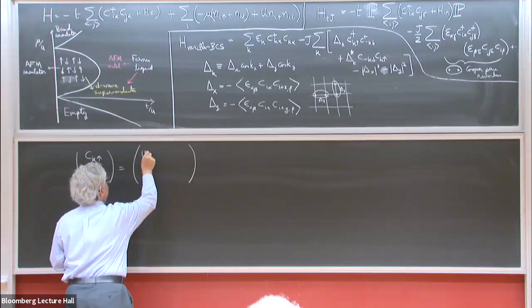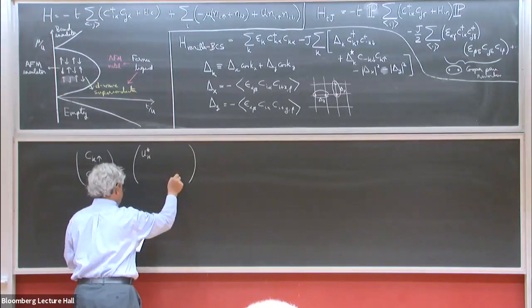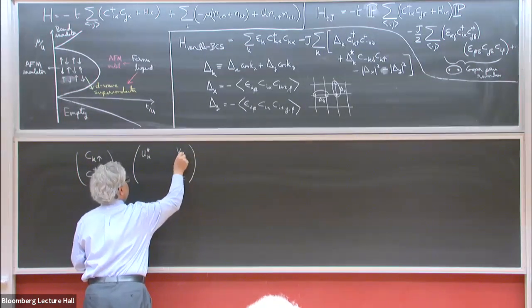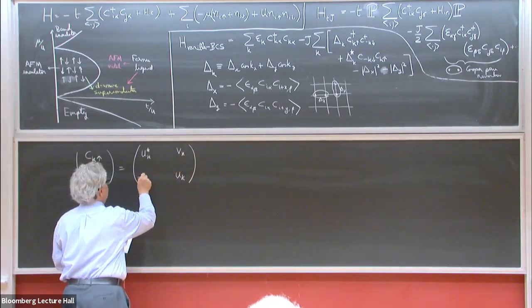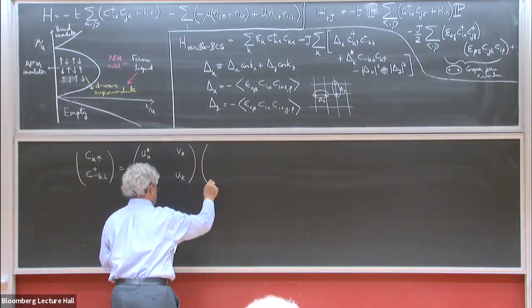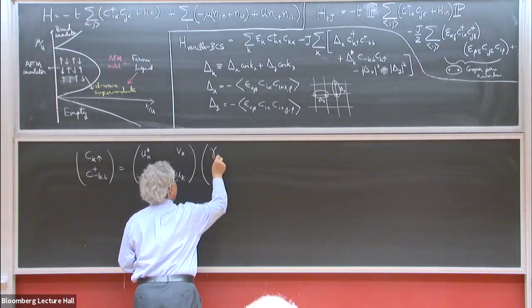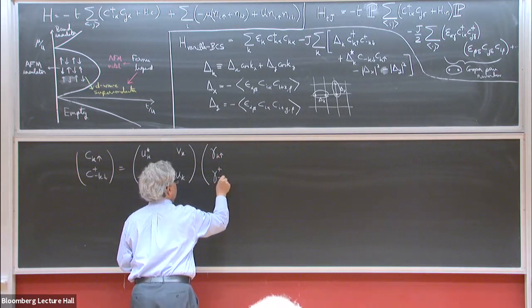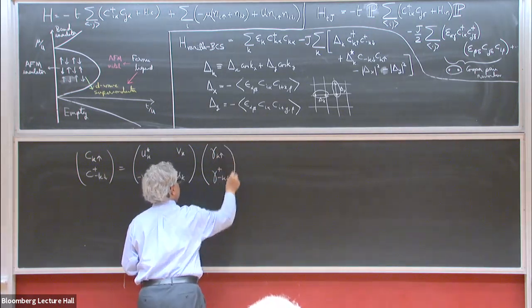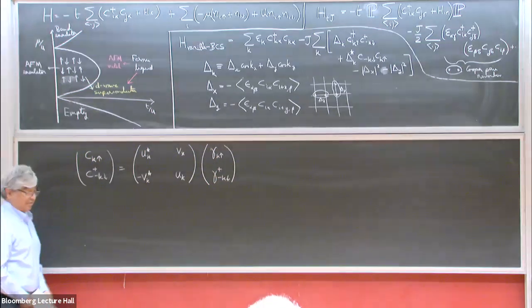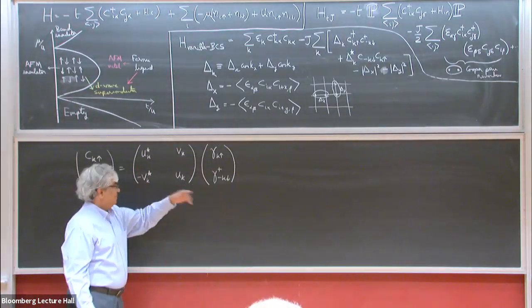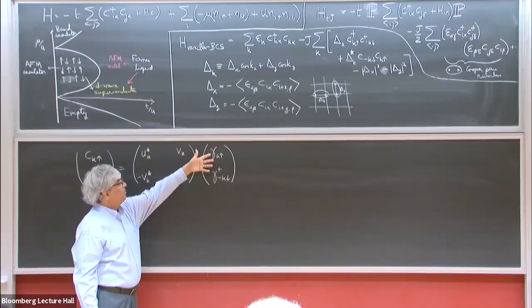And it's conventional to use these symbols for them: u_k*, u_k, v_k, -v_k*, and γ_{k↑}, γ†_{-k↓}. We introduce a new set of fermion operators, which are the Bogoliubov operators, which are also fermions.